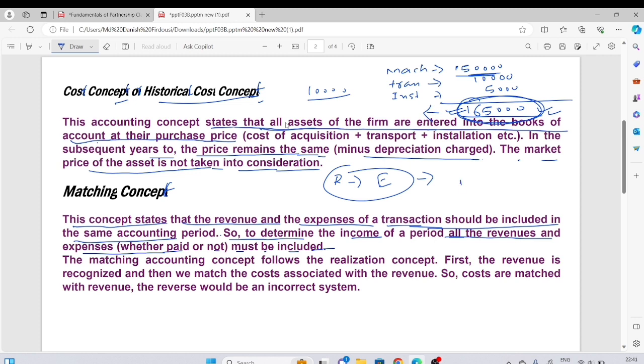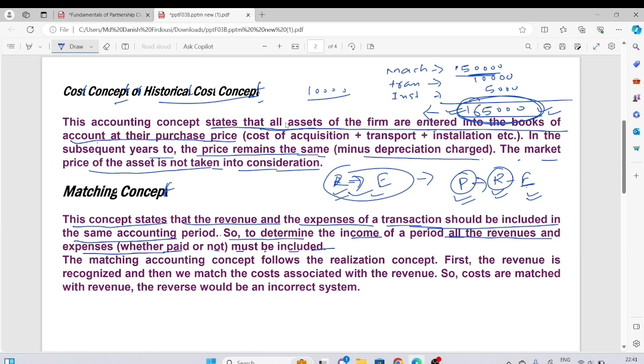Suppose we have to find the profit, then how will you find the profit? Revenue minus expense. Whatever revenue you get and whatever your expense is, from this you can find the profit. So this concept says that the revenue and expense should be matched. This is the matching concept, whether it is paid or not paid, but it should be included.